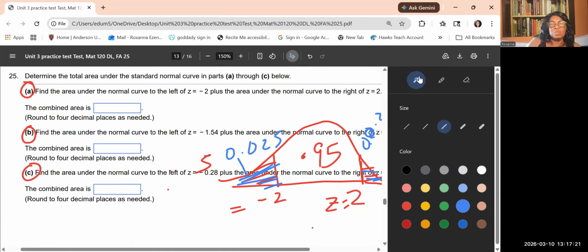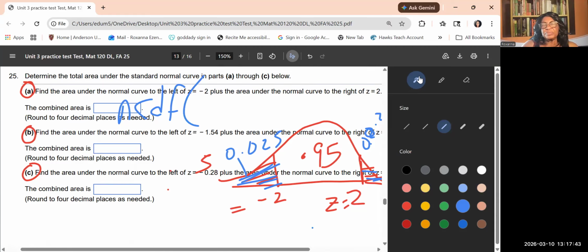Okay, so you will do normal distribution this time. So normal cumulative density function. This time, when you get into your calculator, you are not going to be looking for binomial. You'll be looking for normal cumulative density function.